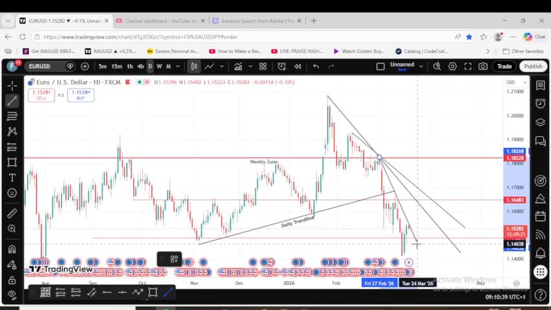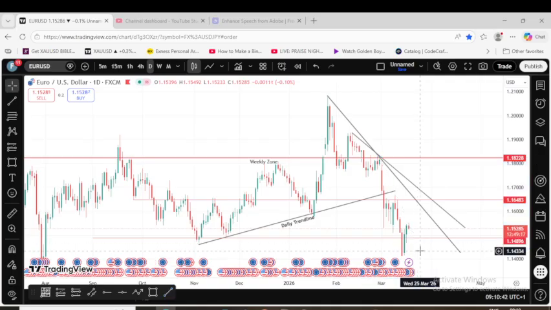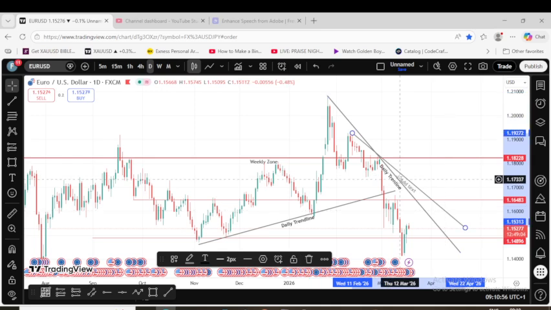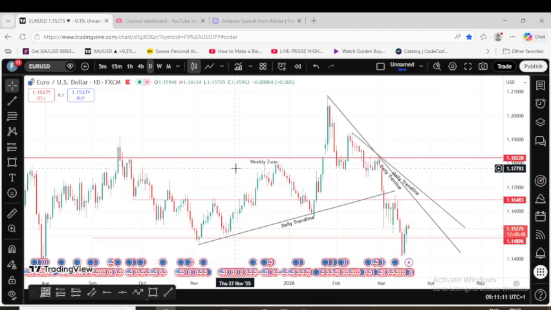We'll delete this one because it's too steep, and retain these two. So these two are going to be our daily trend lines.